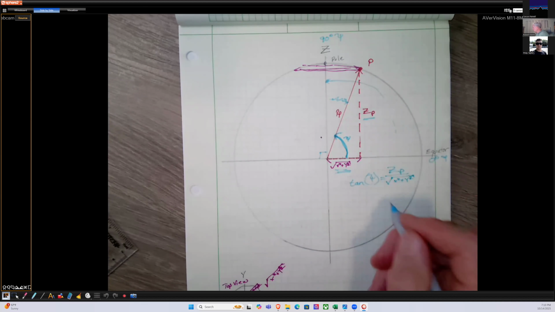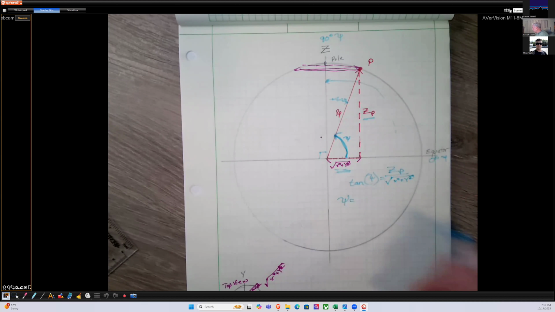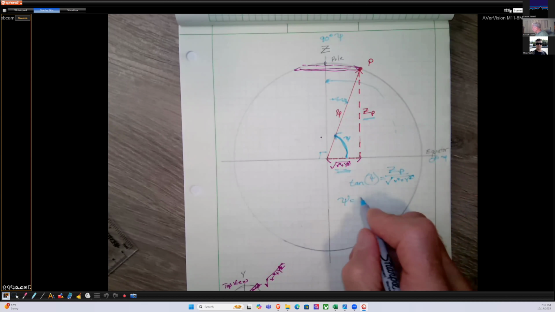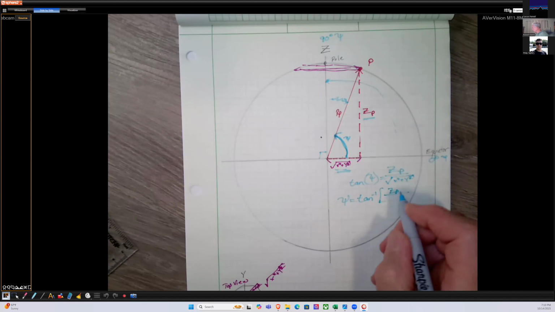I take the inverse tangent of both sides and I get arctan. I had a brain fart for a second. I went on vacation. Arctan of z sub p over the square root of x squared plus y squared.